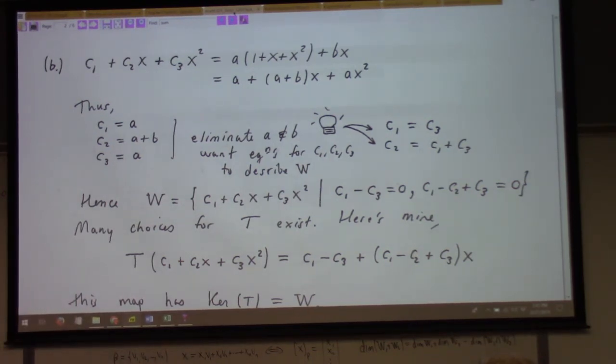That would work, because then the kernel would just be the set of polynomials such that the constant and the x squared term are the same. And that gives you, this W is the span of 1 plus x squared and x, which I think is what I started with, right? Oh no, 1 plus x squared and x, but yeah.